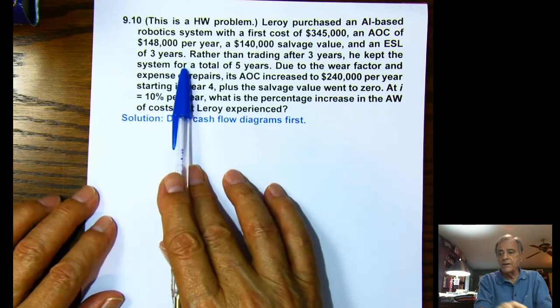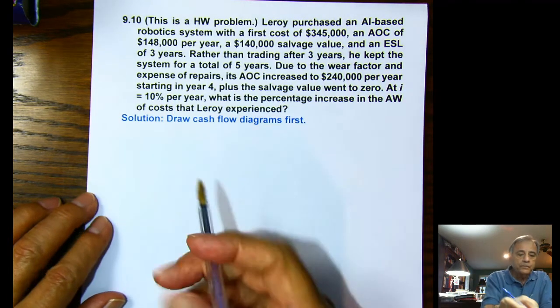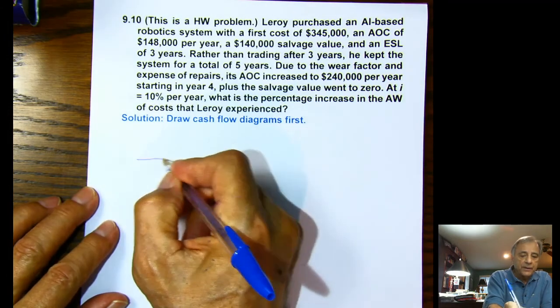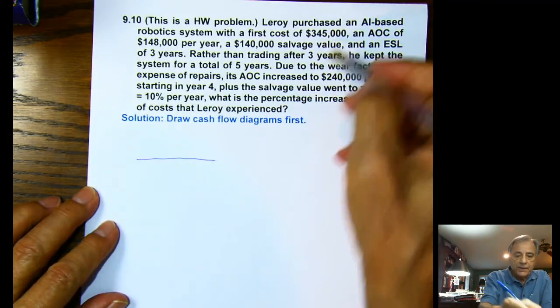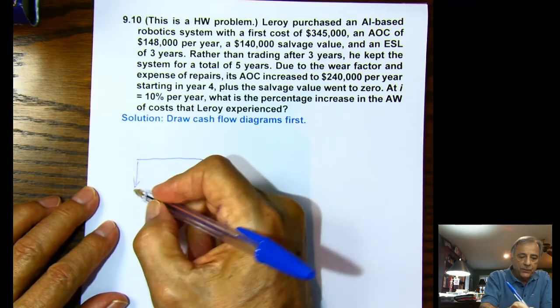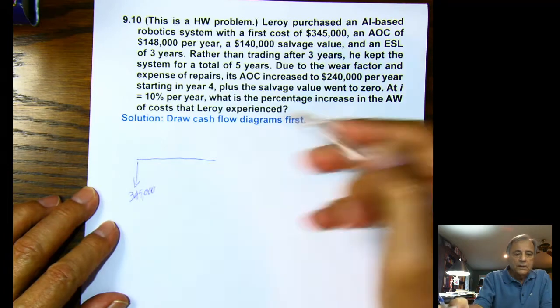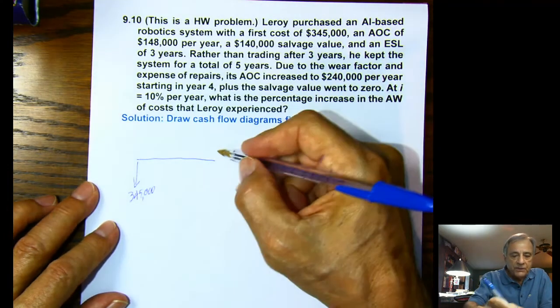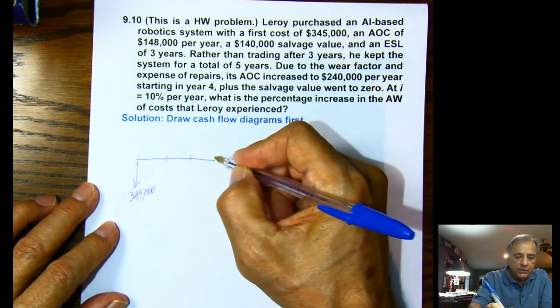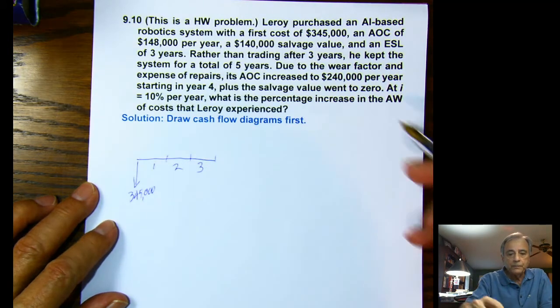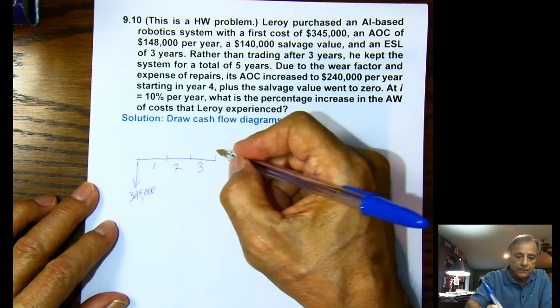So let's draw that up. Let's see, I'll just put it here. We're going to pay $345,000. The salvage value after 3 years, 1, 2, 3, will be $140,000.